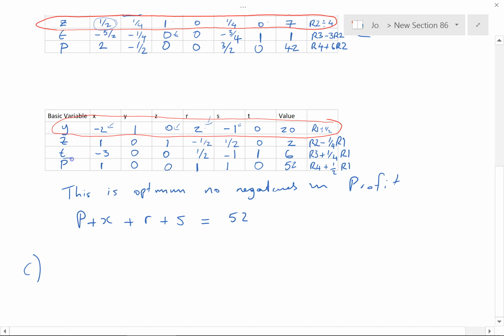So we're reading across. P is 52. T is 6. Z is 2. Y is 20.